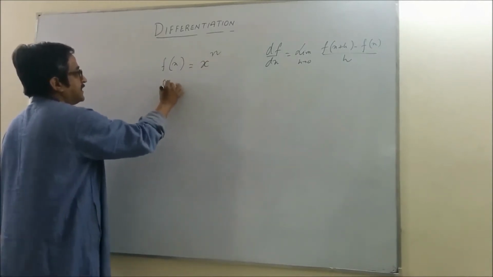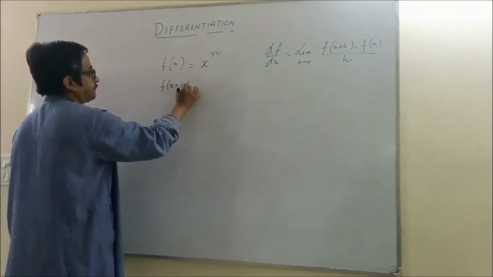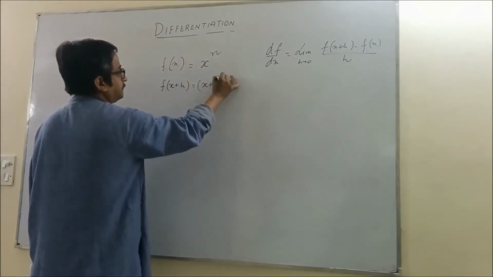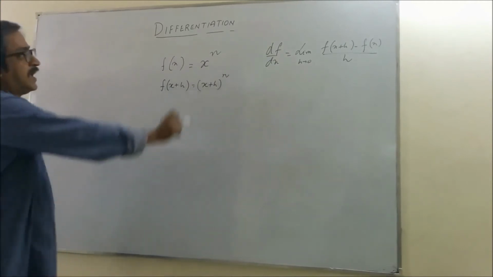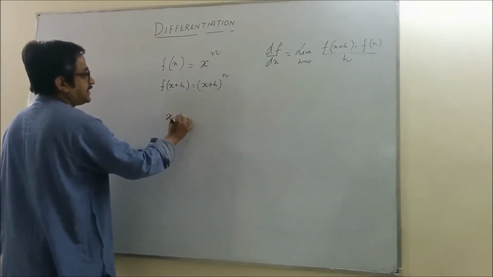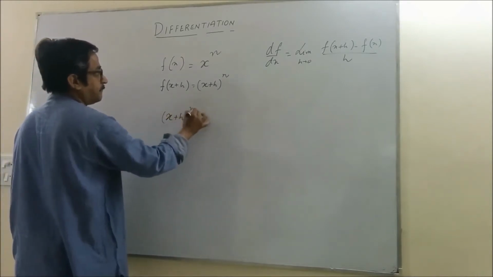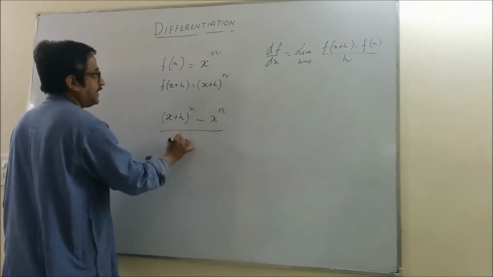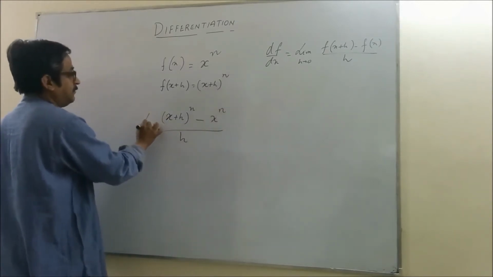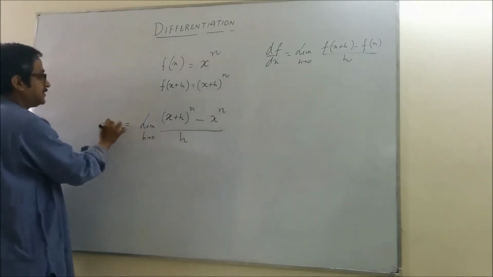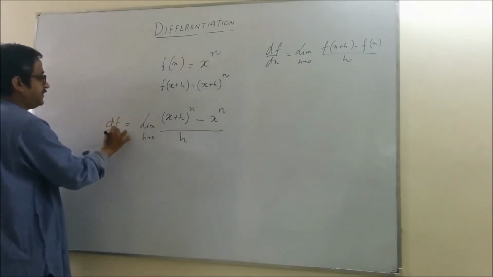F at x plus h is x plus h to the power n. So x plus h to the power n minus x to the power n divided by h, limit h tends to 0. That is my derivative.